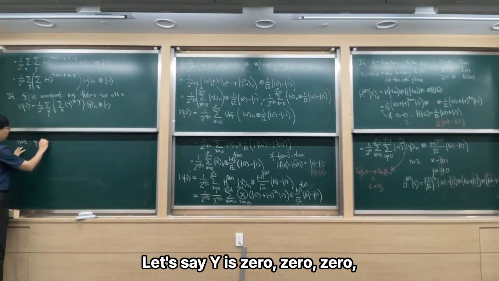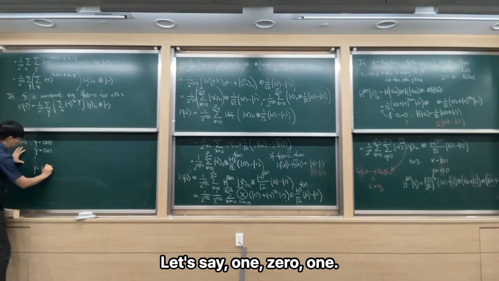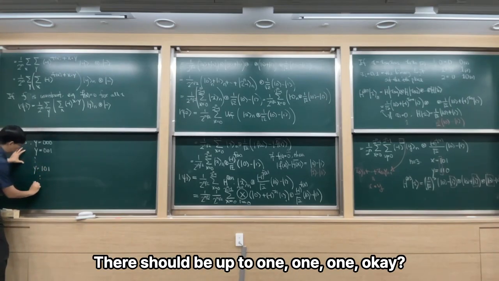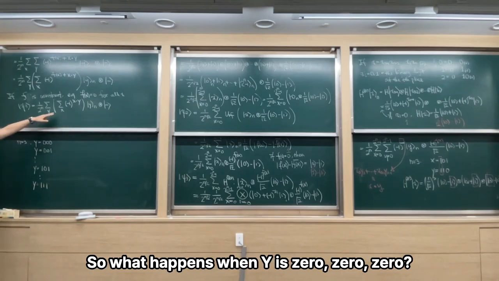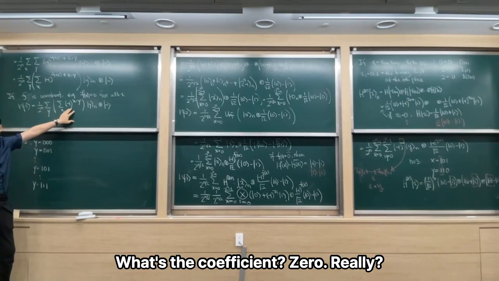Let's say y is 0, 0, 0. And let's consider a few cases. Let's say 1, 0, 1. There should be up to 1, 1, 1. Okay. So what happens when y is 0, 0, 0? What's the constant here? What's the coefficient?